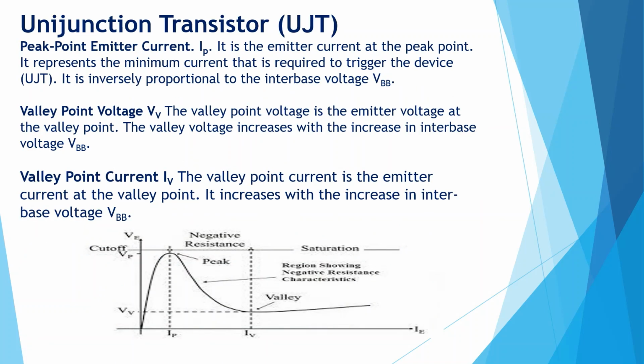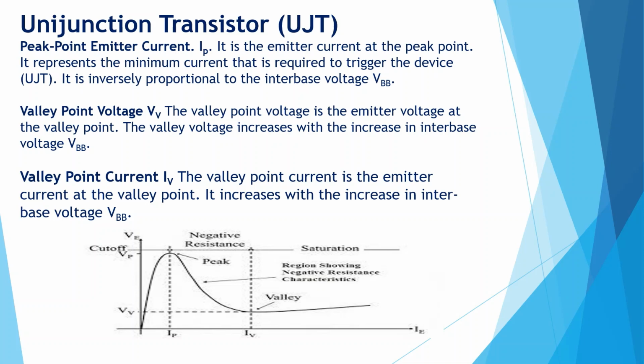Now the last part of the unijunction transistor, where we will try to understand the characteristic curve of the unijunction transistor. Here the graph has been drawn between the emitter voltage VE and emitter current IE for a given value of VBB, the voltage applied between base 1 and base 2.